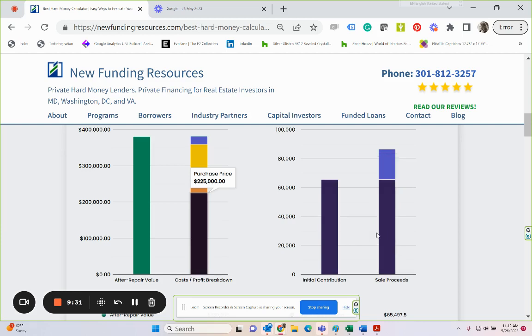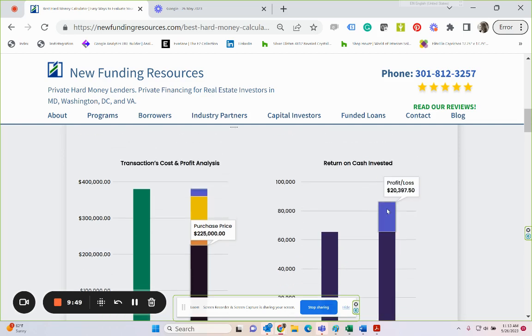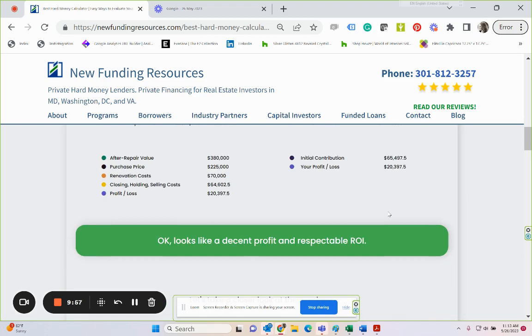Because if you were not getting the 65,000 back, you would be losing money. And if you would be only getting 65,000 back, that basically means you didn't make any money. You invested 65,000, you got back 65,000. However, this is not the case in your transaction. On top of that, we're making 20,000. So we're investing 65,000 and then we're making 20,000.